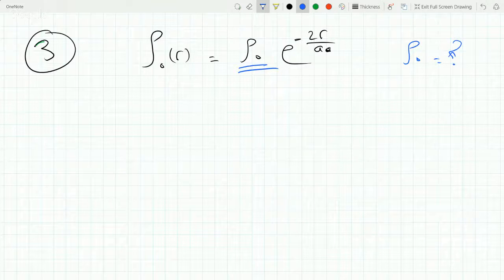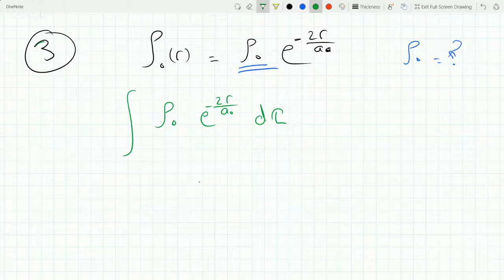So if I were to integrate this minus 2r over a0 over the entire space, d tau over all v, I'm supposed to get nothing but the charge of the electron, which is minus e.